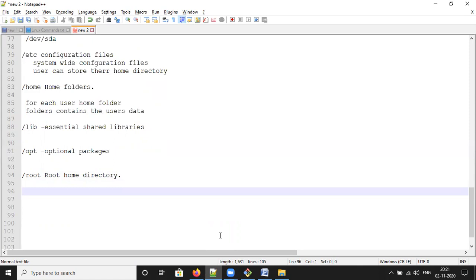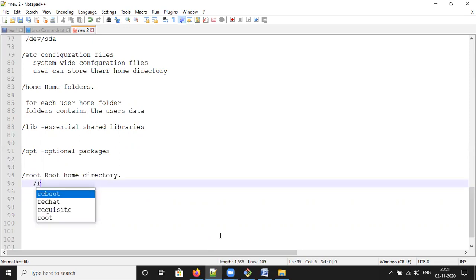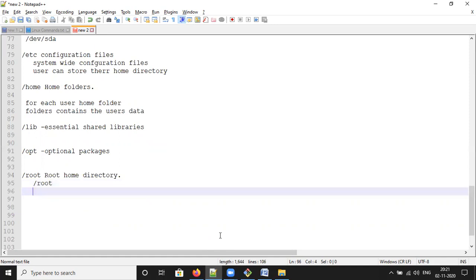This is the root user's home directory. Instead of being located at /home/root, it is located at /root. This is distinct from /, which is the system root directory.